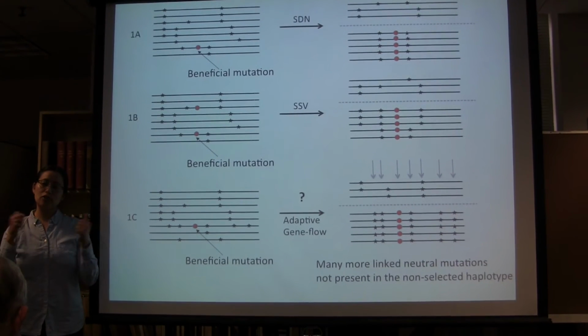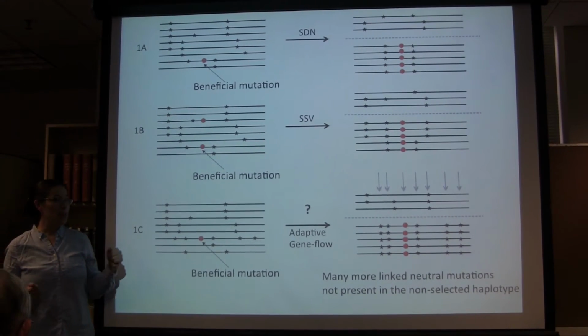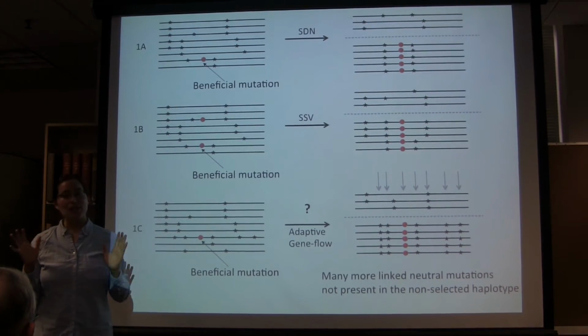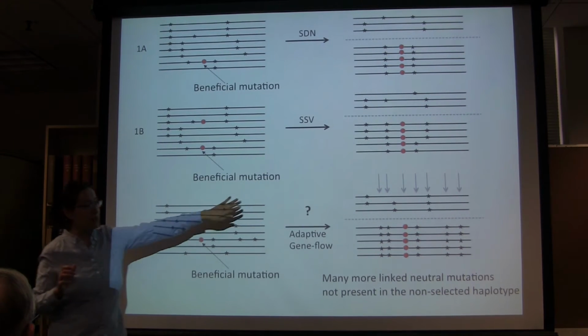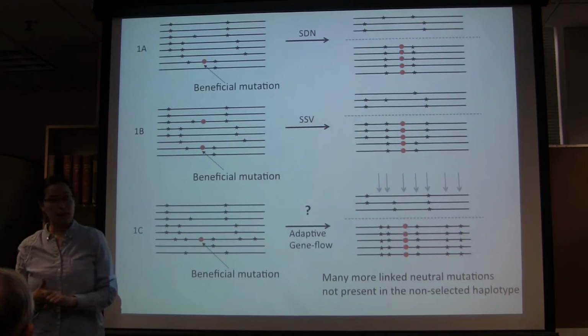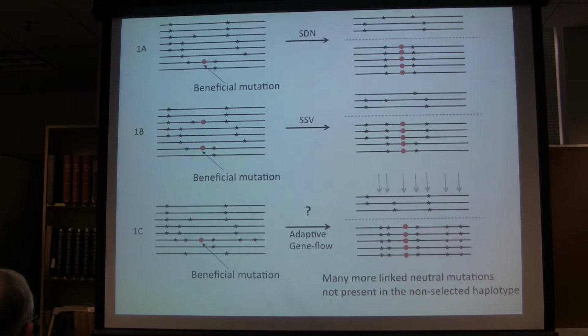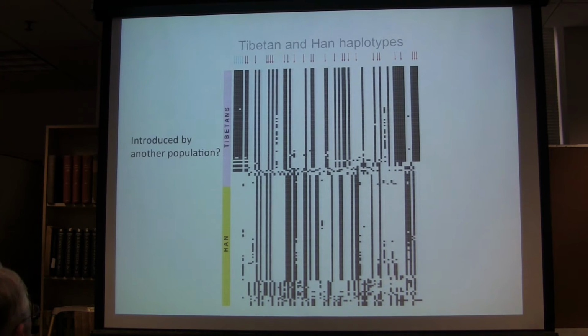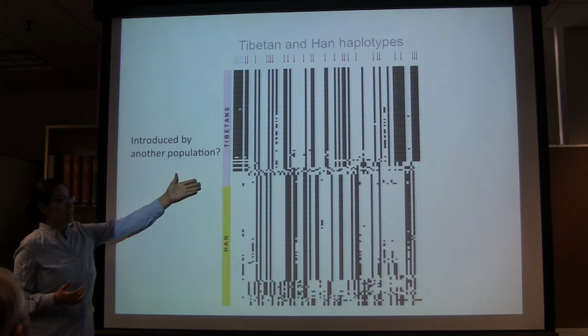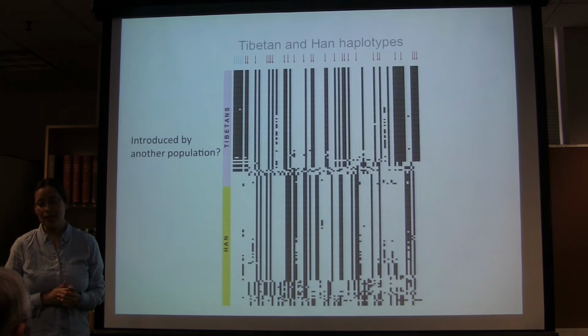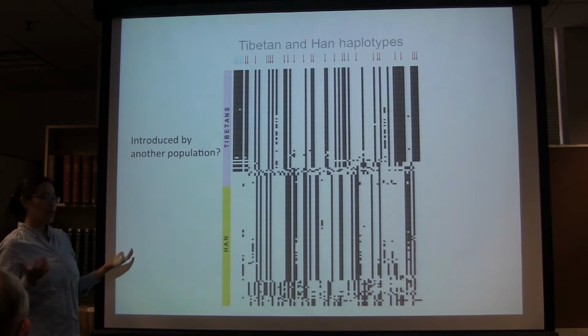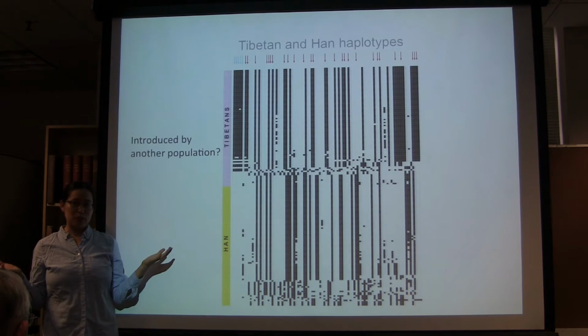And so when you group the two haplotype classes, you will have a lot of variation that's not in one haplotype class, but in the other. This is one of the reasons why either of those models couldn't really explain that pattern.